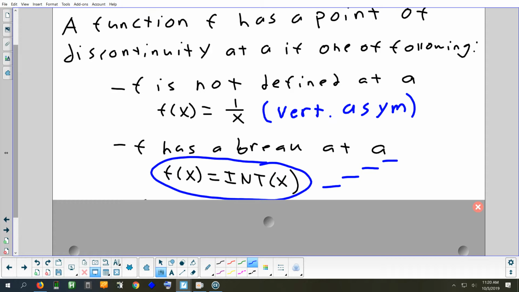So if you round a number to an integer, think about what happens. Do you ever get a decimal if you round an answer to the nearest integer? Emily? Do you ever get a decimal? No. If you're rounding to an integer, you'll never get a decimal. So that's why this function jumps. 1, 2, 3, 4. There's nothing in between 3 and 4. Because this function basically just takes a number and rounds it off. So you lose the decimal.